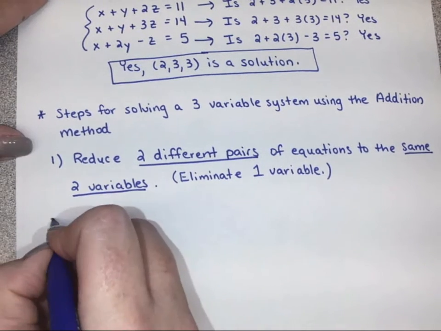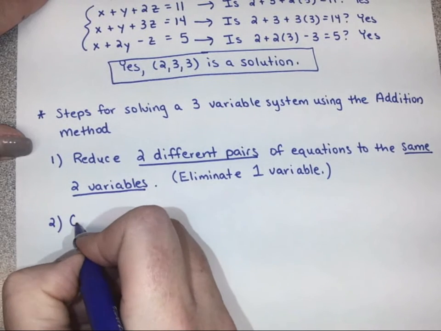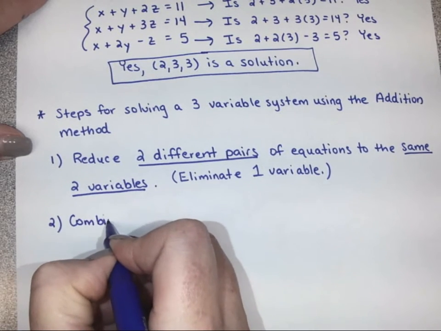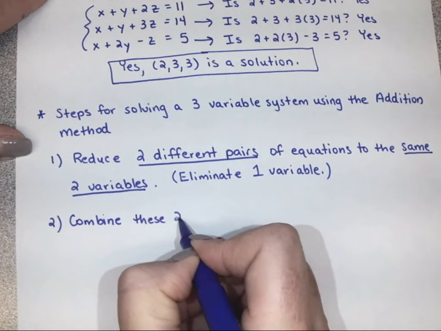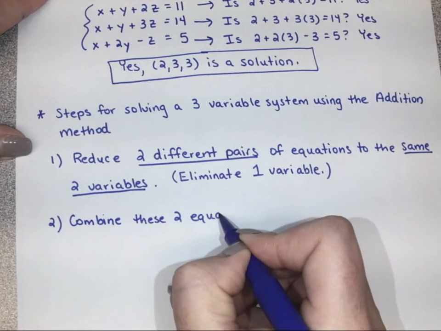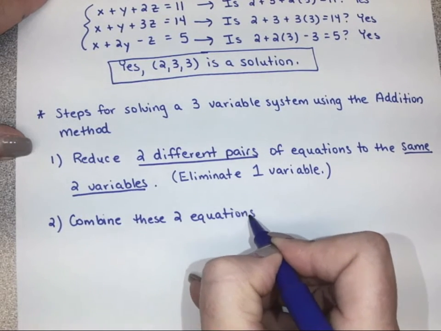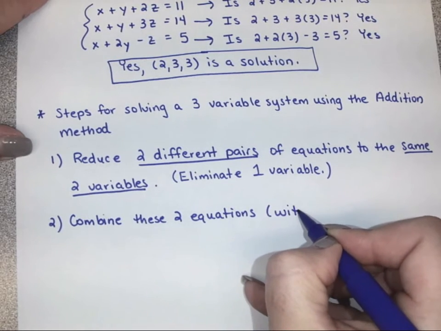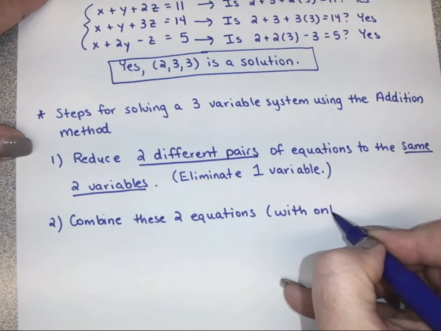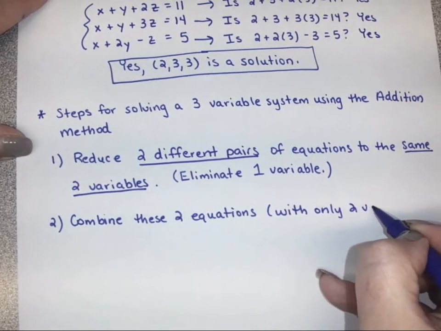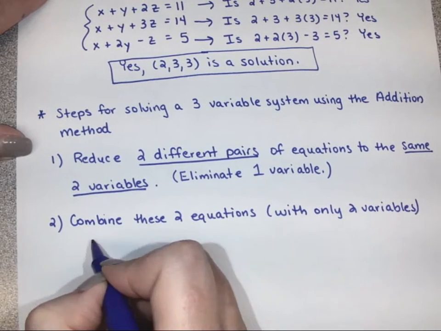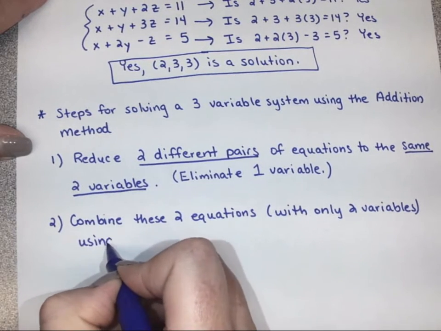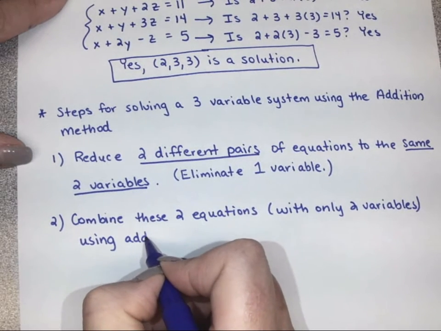So step number 2 is now you're going to have 2 equations that you just worked to combine. So now you're going to combine these two equations together. And by the way, remember, both of these equations only have two variables now. And we'll use the addition method again and solve.